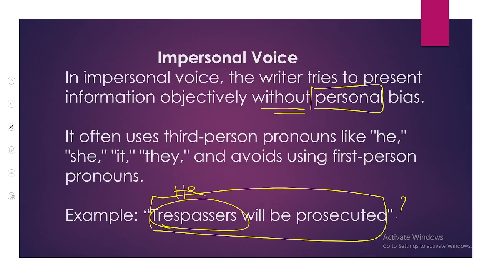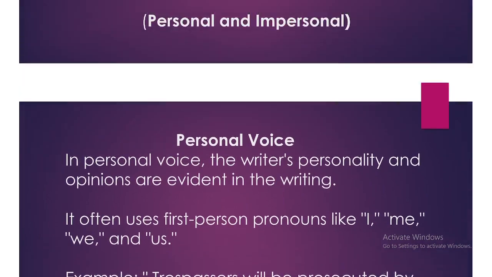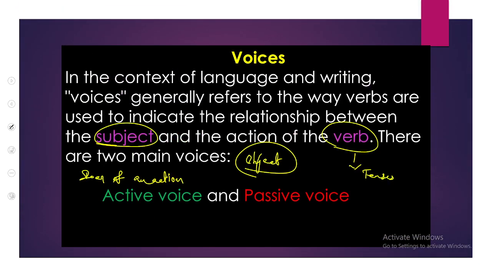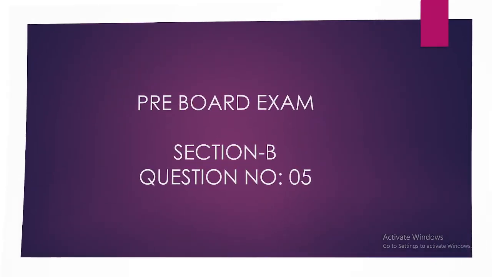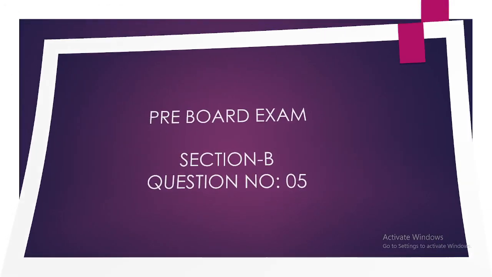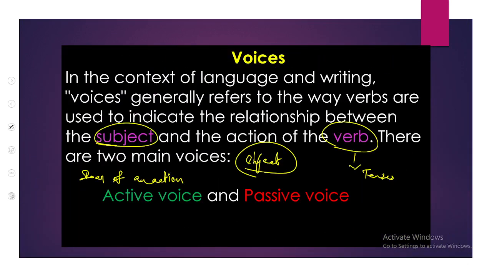So this was the short sum up of the voices, particularly the way they raised the question in that previous exam, question number 5. When a generalized question on voices is given, asking you to change into the other voice, you should find out from the question itself whether it is active or passive.